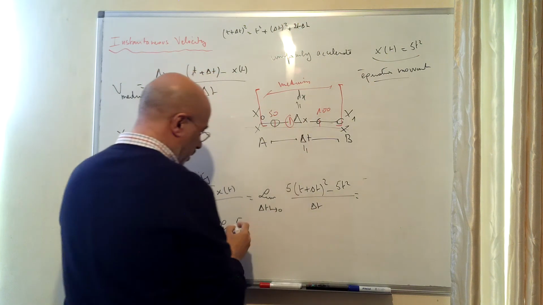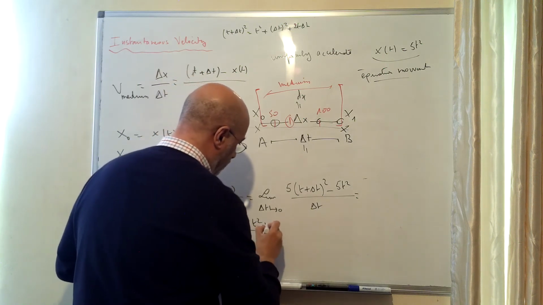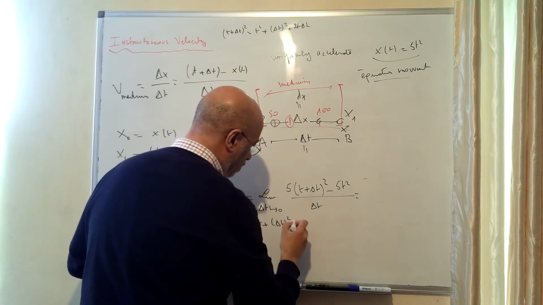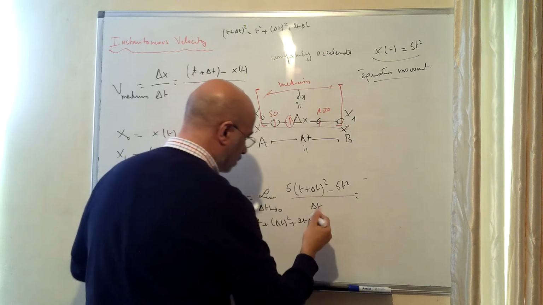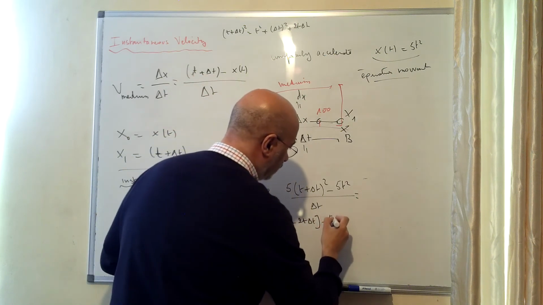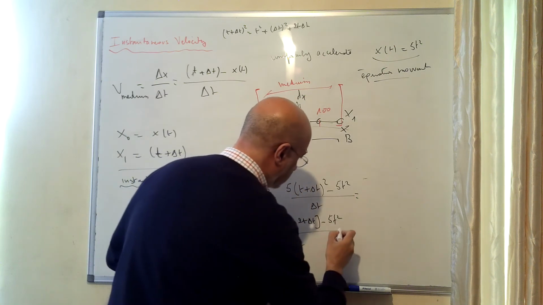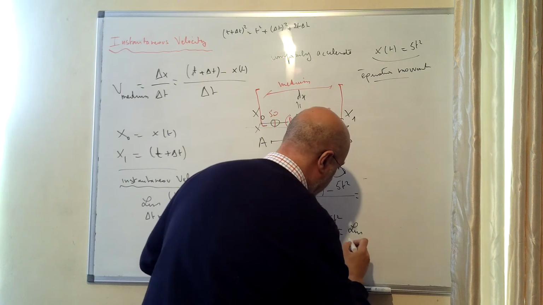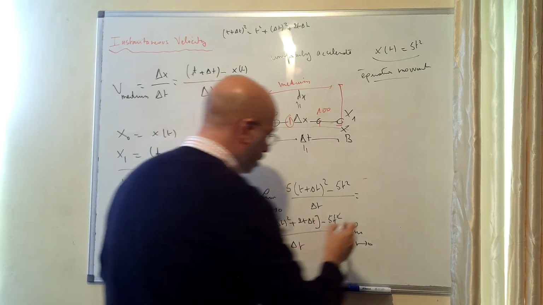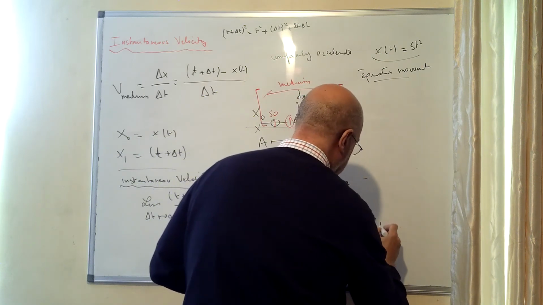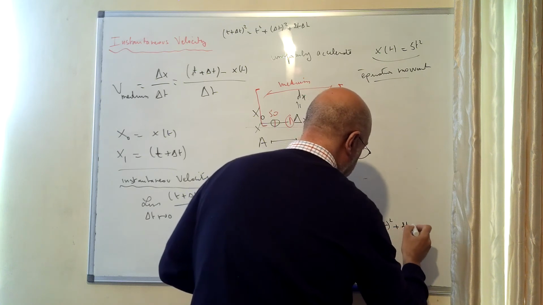It means 5t squared plus 5 del t squared plus 10t del t minus 5t squared, over del t. Here we simplify: we have 5 del t squared plus 10t del t.